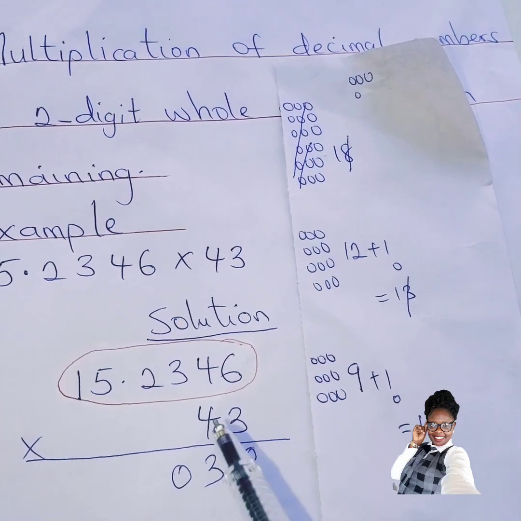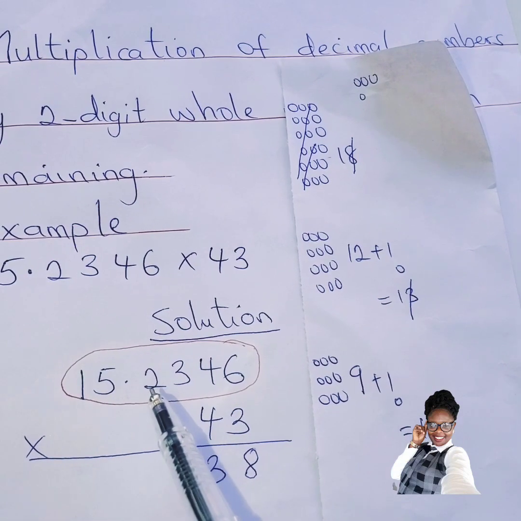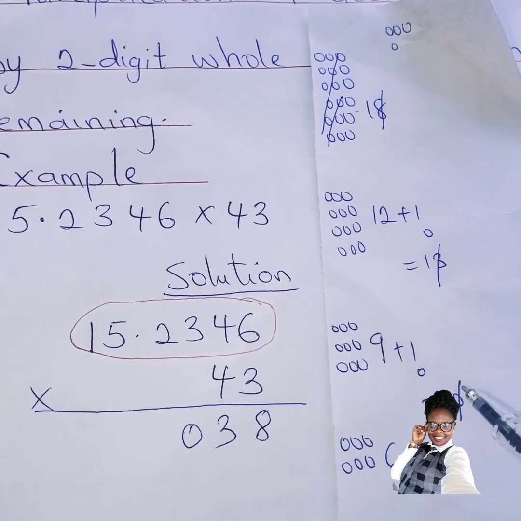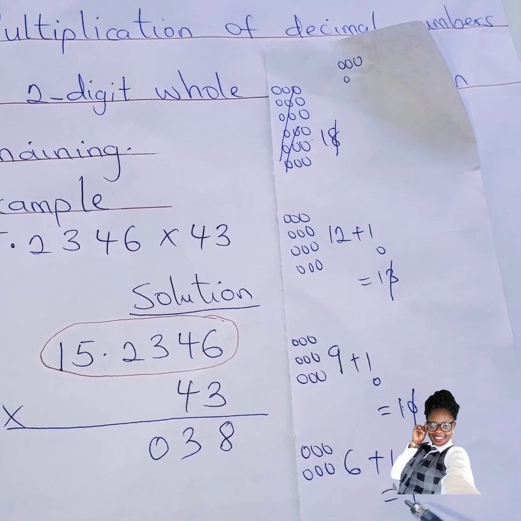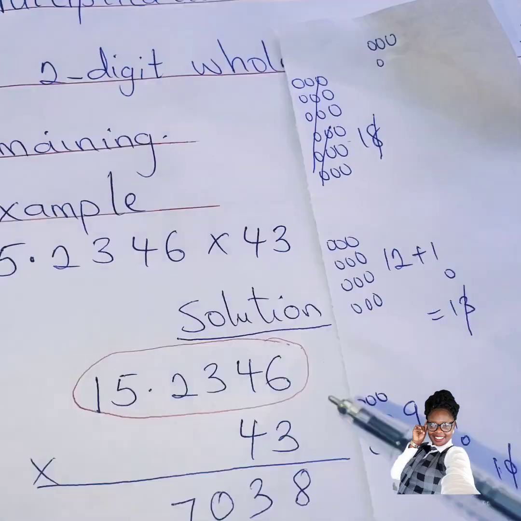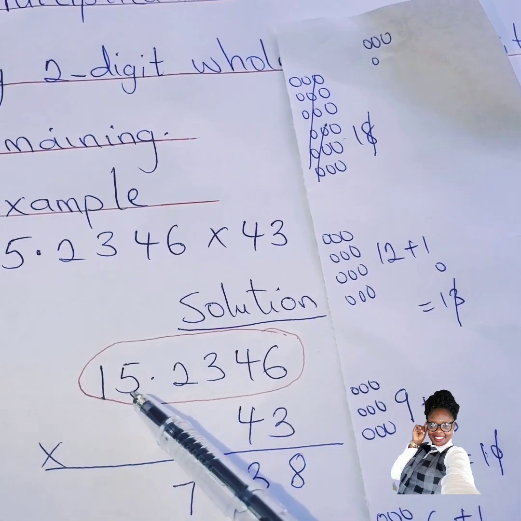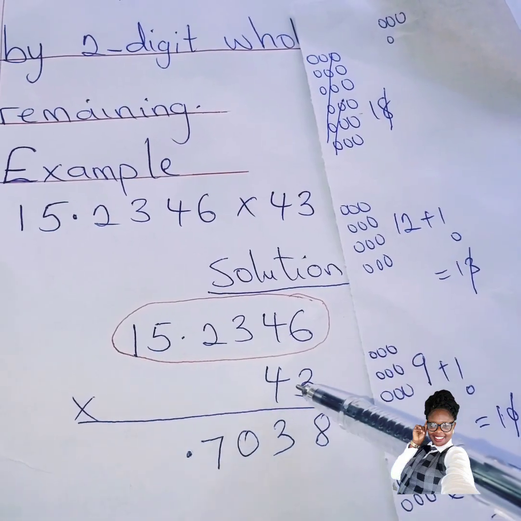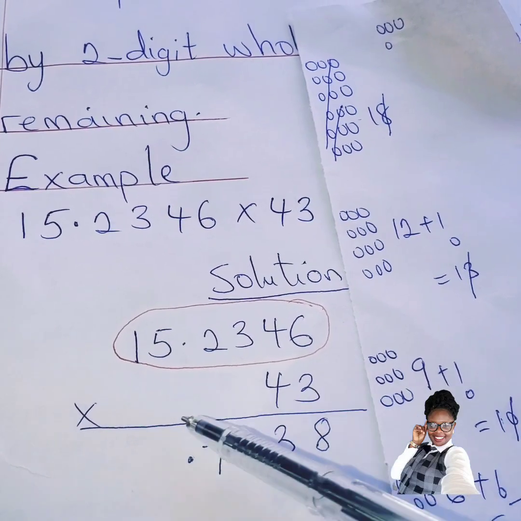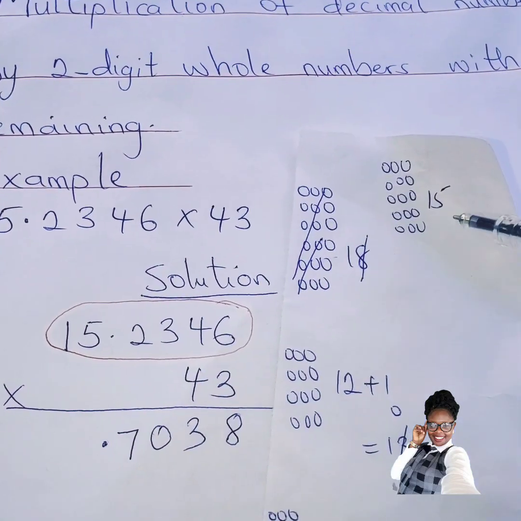I'll continue. 3 times 2 equals 6, plus the 1 that I'm left with here, and that is 6, 7. My answer is 7. I'll write my 7 here. And before I go to the next number, I'll fix my decimal point here, like this, and continue with my multiplication. 3 times 5 equals 15.